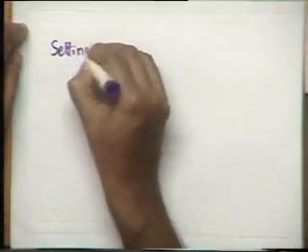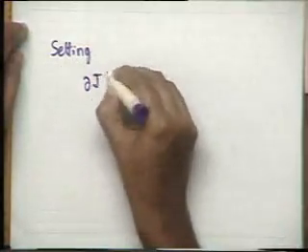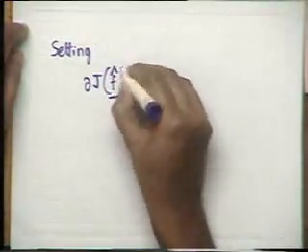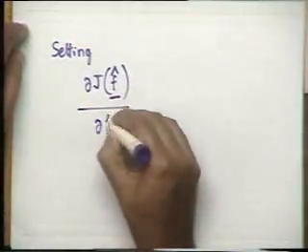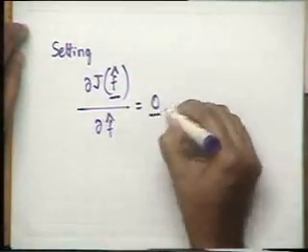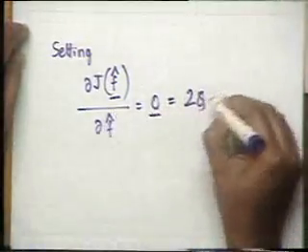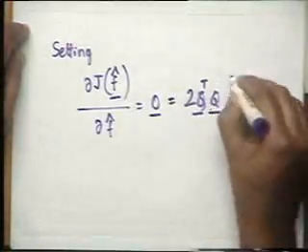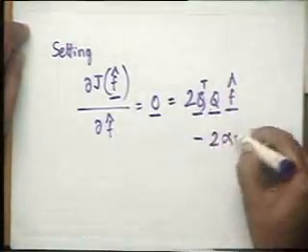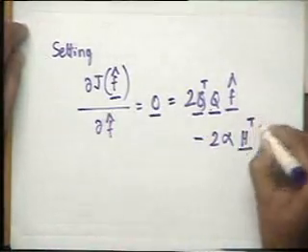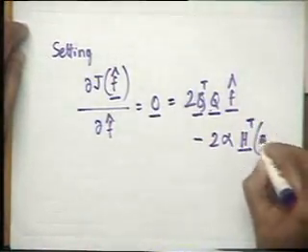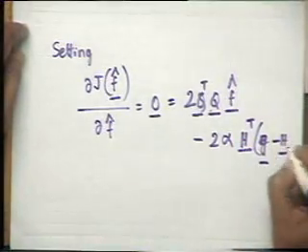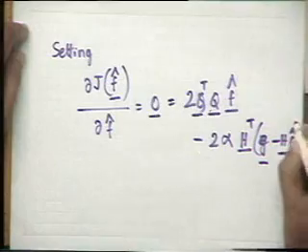So by setting delta J(f hat) over del f hat equal to 0, we are going to get 2 Q transpose Q f hat minus 2 alpha H transpose, sorry, (g minus H f hat).